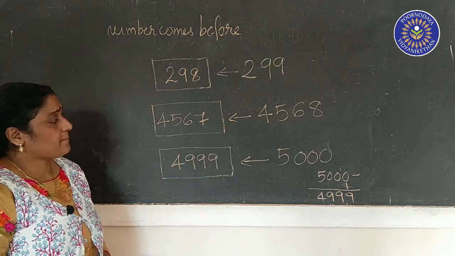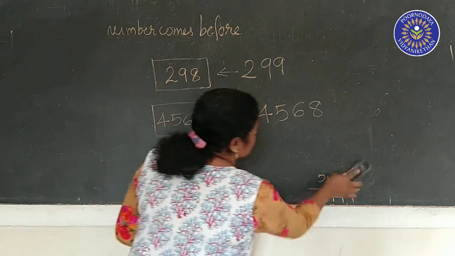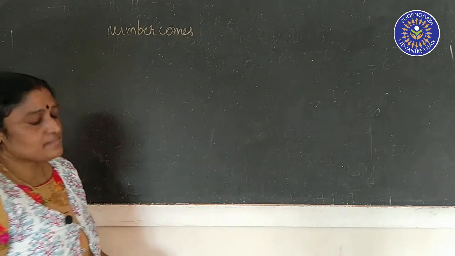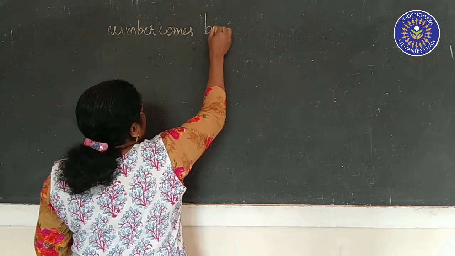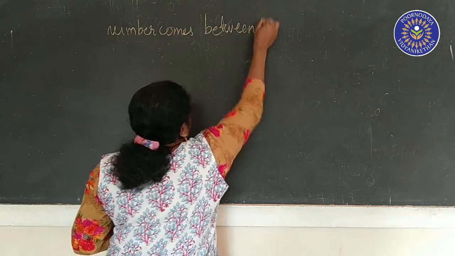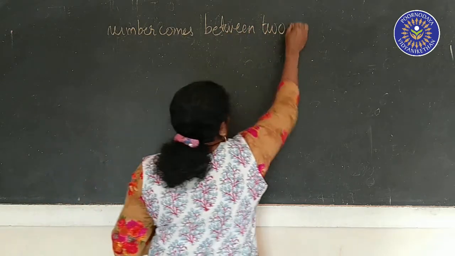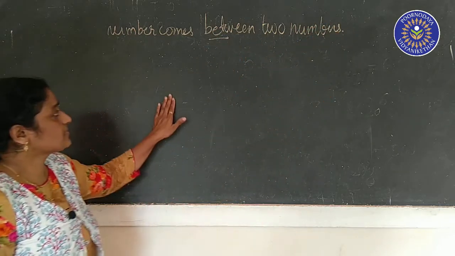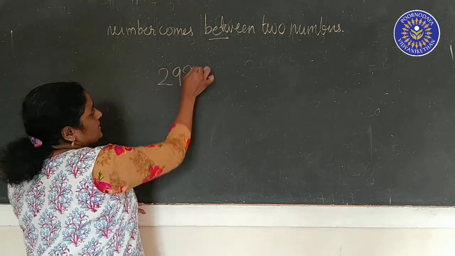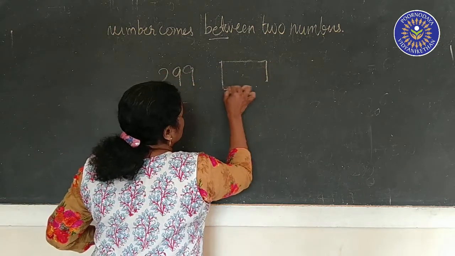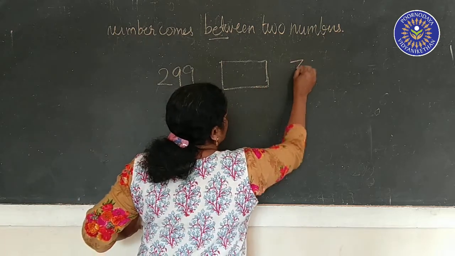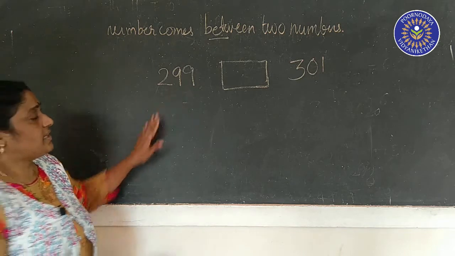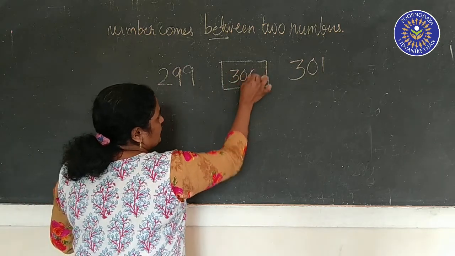Clear this? Okay. So the next one is, the number that comes between two numbers. 299 dash 301. If we add 1 to this 299, we will get 300.